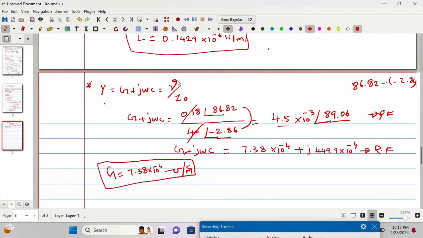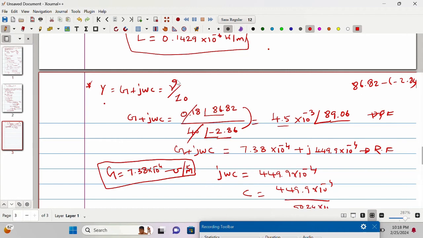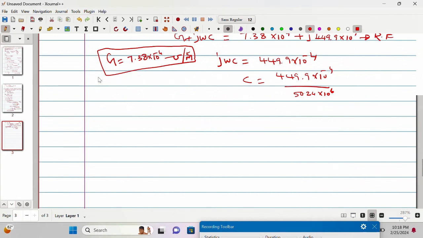Then j omega C: we need to compare this j omega C with the value 4.49 into 10 to the power of minus 4. So we know that C equals 4.49 into 10 to the power of minus 4 divided by omega, and omega is 50.24 into 10 to the power of 6.